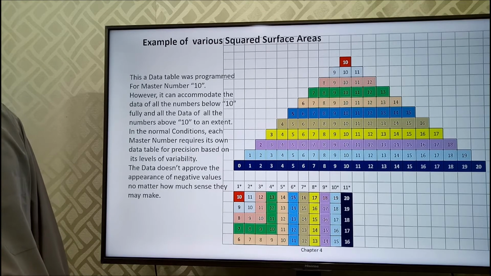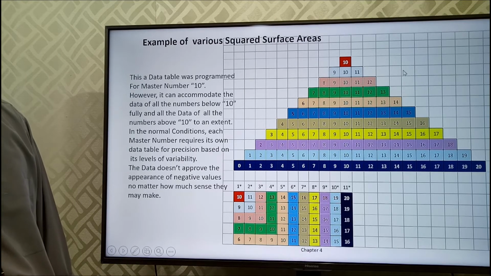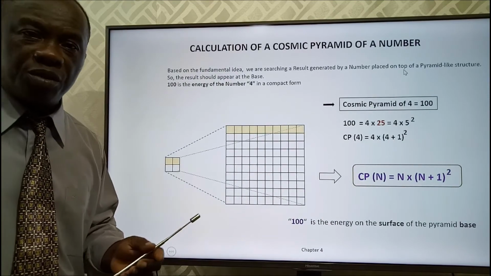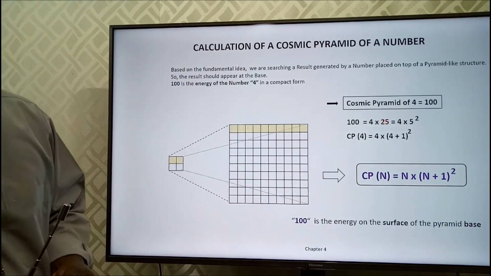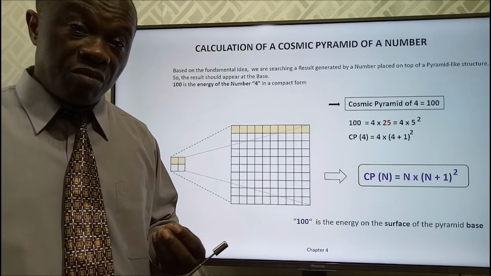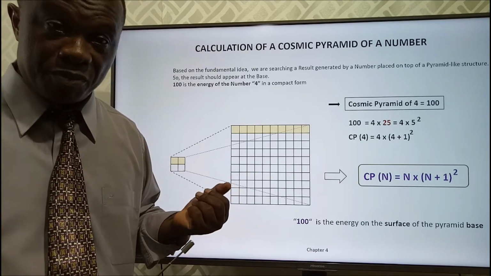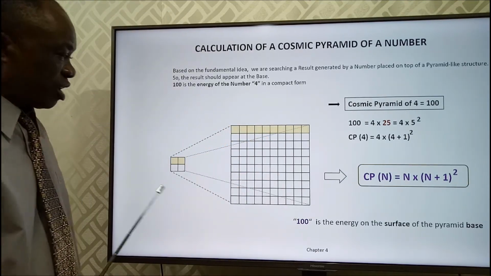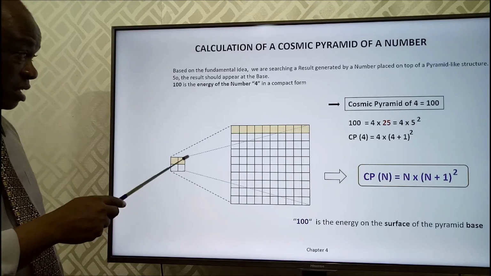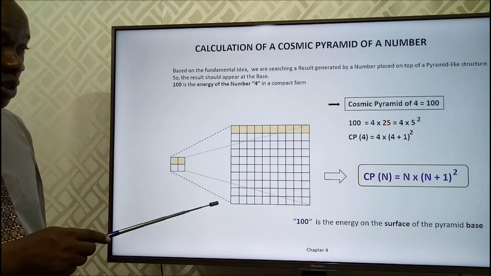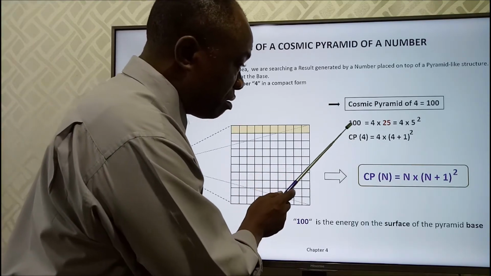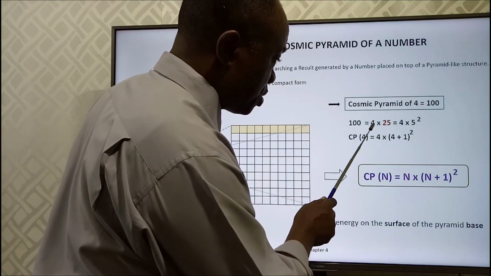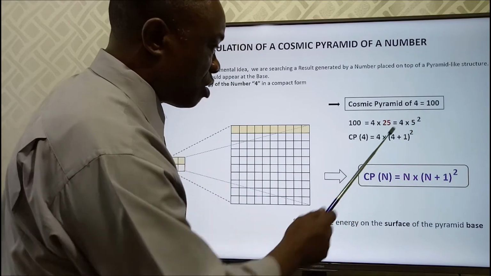Now we still need to understand that what we are dealing with here is information, and information means also energy. This is proven by science. It's not my invention. We have seen, for example, that the energy that number 4 will produce will be 100. That 100 means 25 locations times the master number, which is 4.